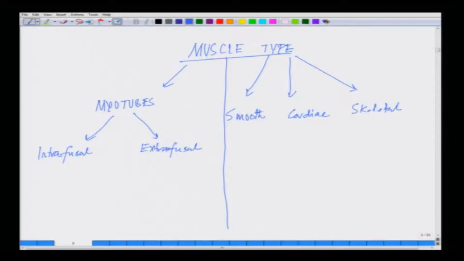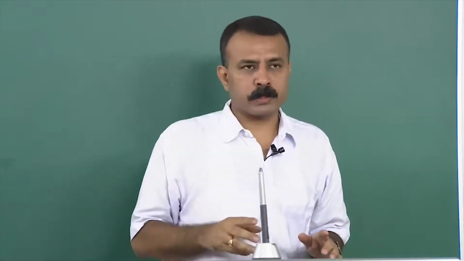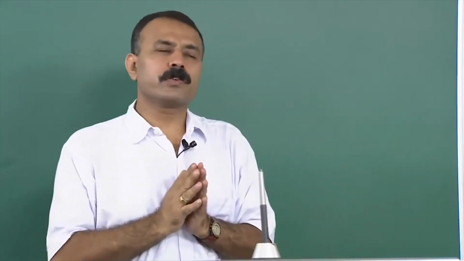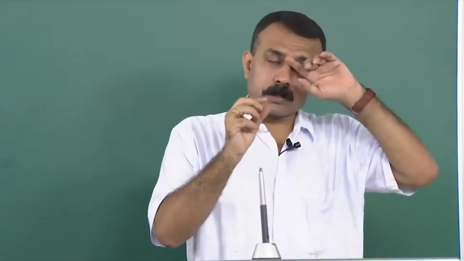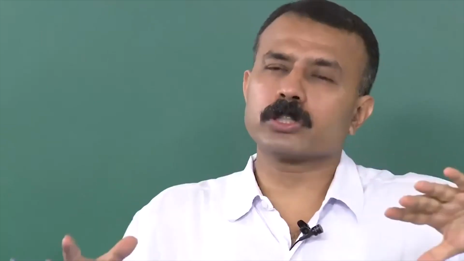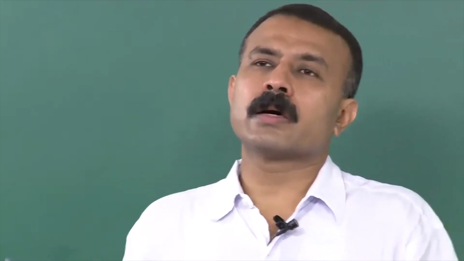Extrafusal is that bulk structure of the muscle, what is present. And intrafusal are those muscle spindle like structures, which proportionately are very few as compared to the extrafusal muscle.